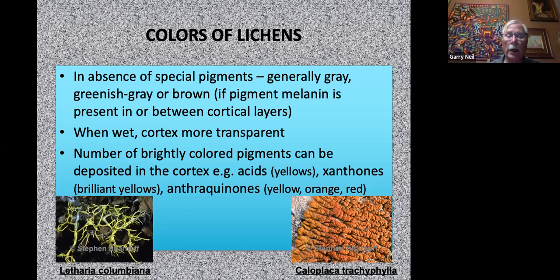And so the yellows, the xanthones, the bright yellows, the anthraquinones, yellow, red, orange. I know this is more than you need to know, but the point is that the coloring of lichens is caused by the various chemicals that are produced in the thallus. And it's a very important characteristic when you try to identify lichens. So anyway.